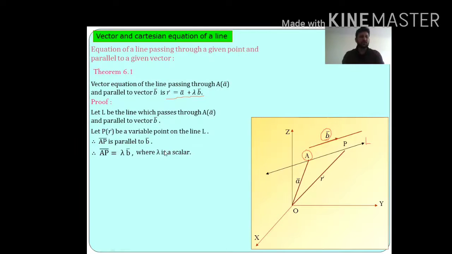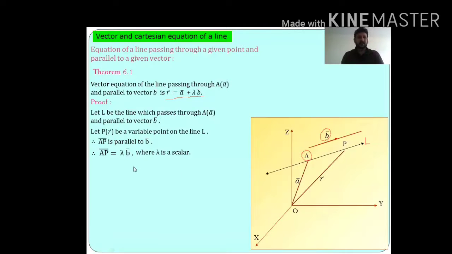Now observe the position vector for AP bar. By the triangle law of addition, triangle OAP is obtained. So vector AP bar can be obtained as vector OP bar minus OA bar. Substitute here AP bar replaced by OP bar minus OA bar. Let us check the corresponding position vectors: OP bar has position vector R bar, OA bar has position vector A bar.